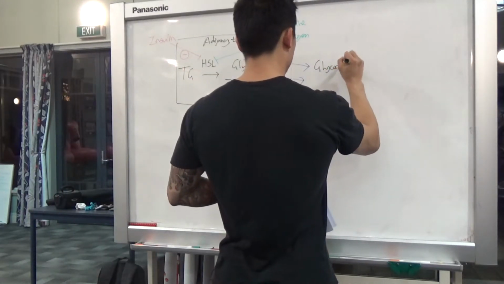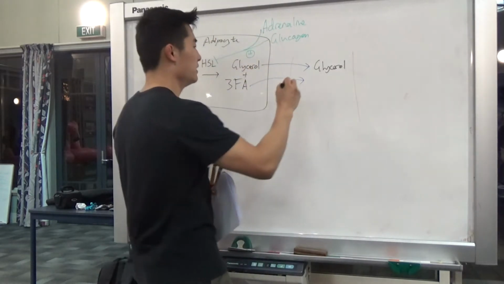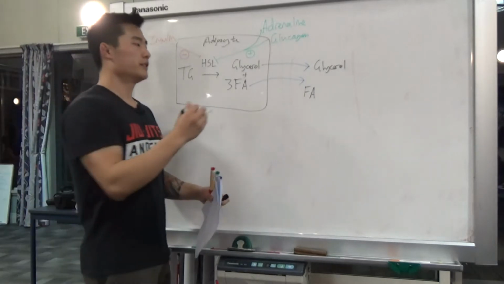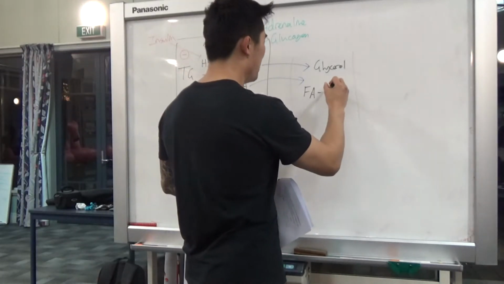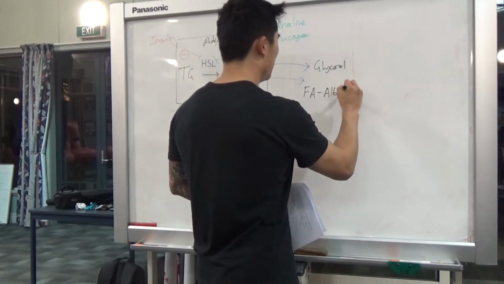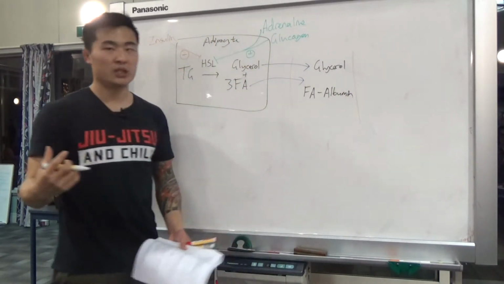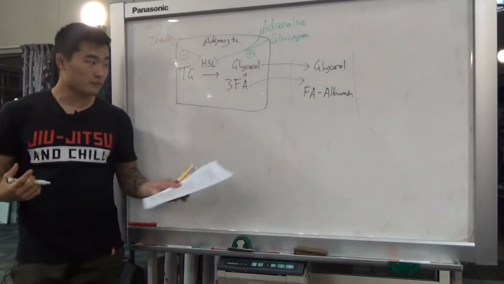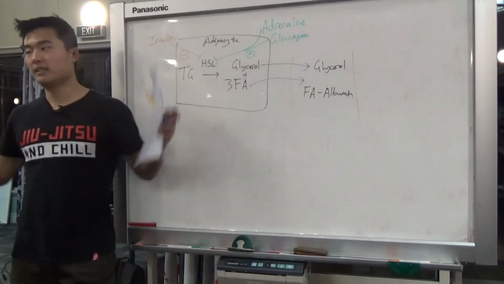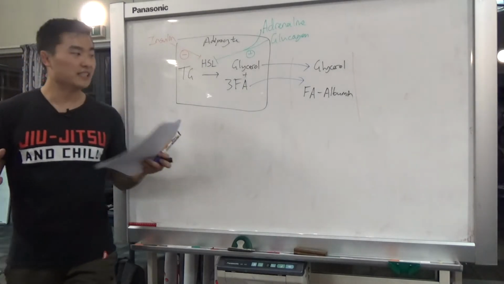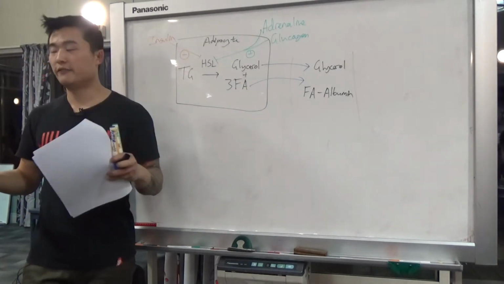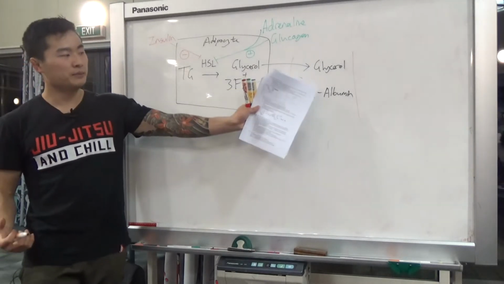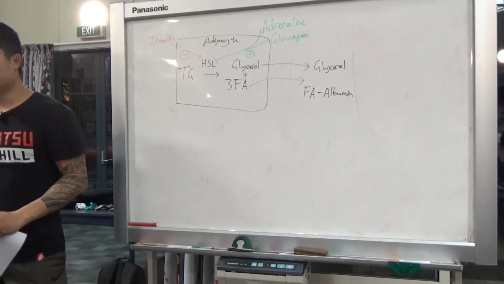Glycerol is polar, so it can just travel on its own, but the fatty acid is non-polar, so it's going to have to be bound to a large protein molecule, which acts as a carrier in the bloodstream. So albumin is like a big protein. It's a very big protein, and it just acts like a bus for fatty acids. So fatty acids will catch a ride with albumin and then get to wherever they need to go and then jump off.